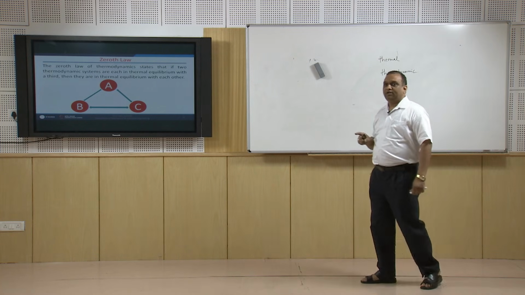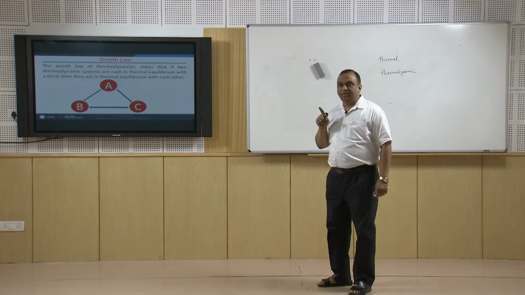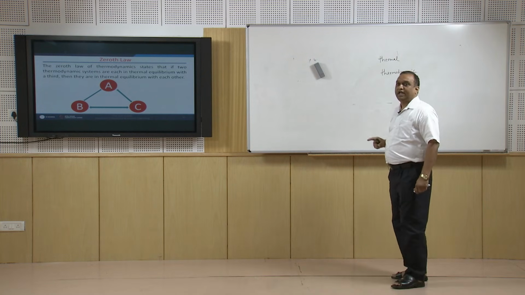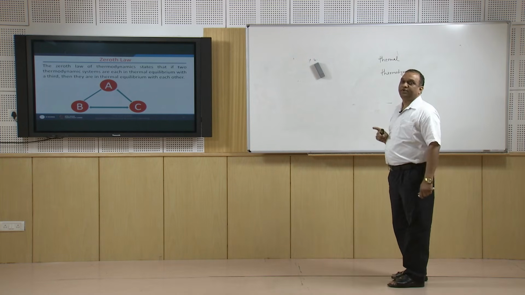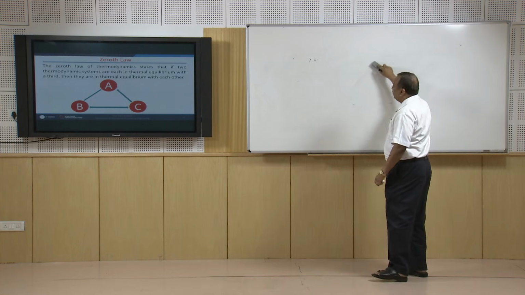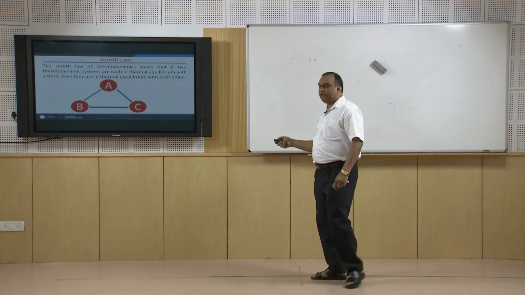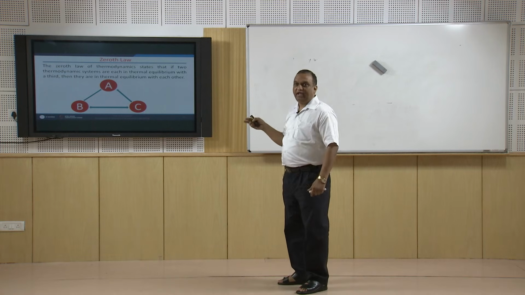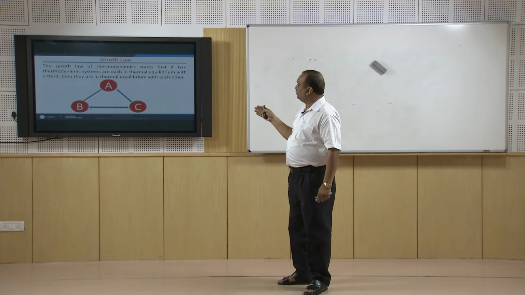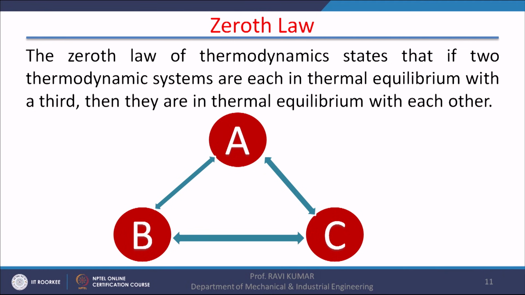It means the system should not have any unbalanced force, and at the same time, should not have any unfinished chemical reaction. Now going back to the zeroth law: when system A is in thermal equilibrium with system B, and A is also in thermal equilibrium with system C, then B and C are also in thermal equilibrium.